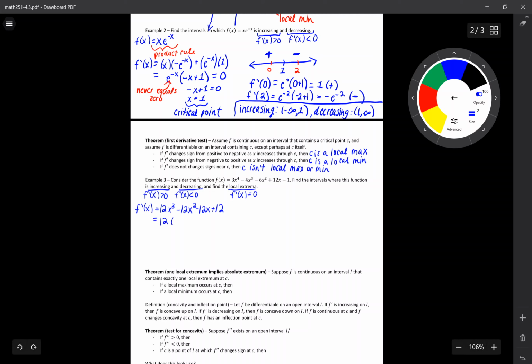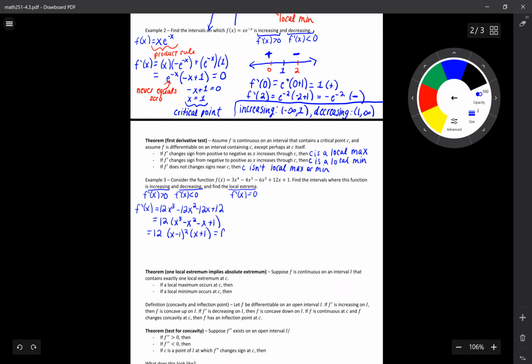So I'm left with x cubed minus x squared minus x plus 1. And I don't expect you to know how to do this factoring, but this does factor as 12 times x minus 1 squared times x plus 1. Again, I don't expect you to know how to do that, but that does factor just like that. And remember, this is f prime of x.